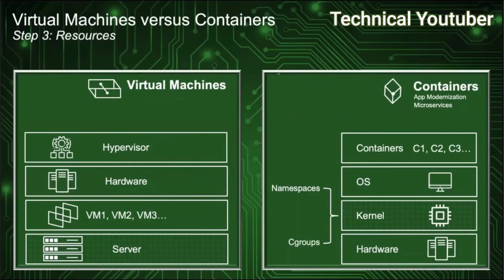So we have granular control over the resources that are flowing to our containers. Whereas in our hypervisor, we only have the isolation of our different machines, which is much coarser.